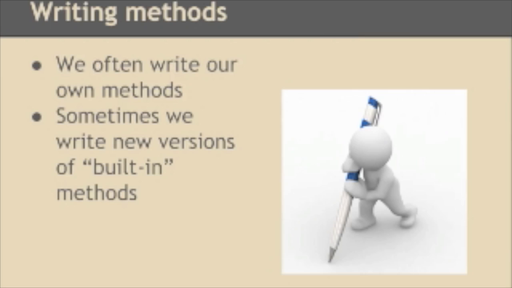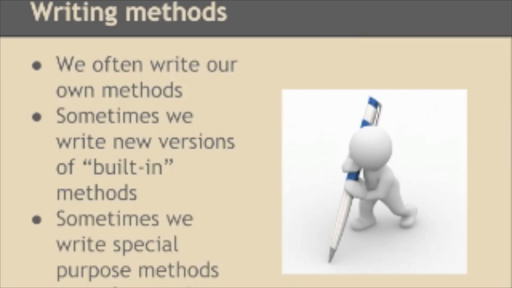So there are certain methods that we're going to look at that happen at certain times in programs, like when the program starts, or every time the window is repainted, or when a mouse is clicked. And sometimes we'll write versions of those methods. Other times we'll write special purpose methods that really aren't already associated with processing, and we'll see some examples of that in Chapter 6. Okay, so let's talk about writing methods.